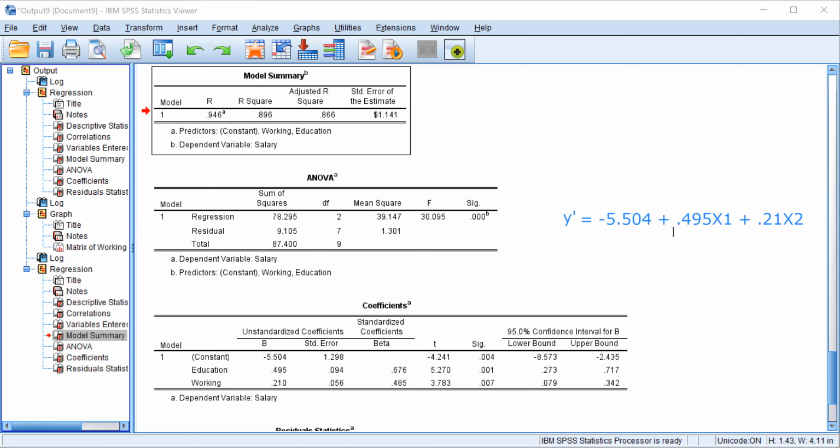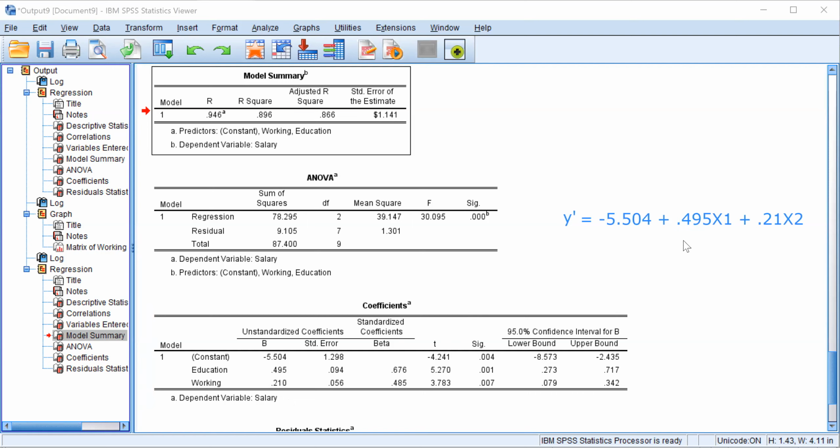The slope tells us that the regression slope for education is changed. It's actually reduced because we have the other predictor in the model. So this tells us that if we control for the years of working experience, one additional year of education will increase the salary by $495.